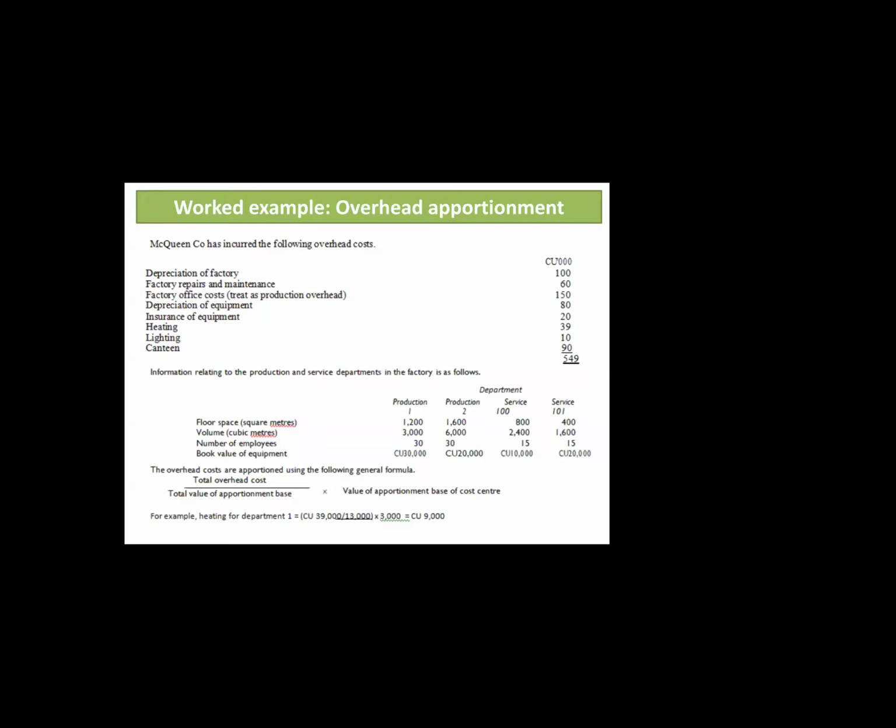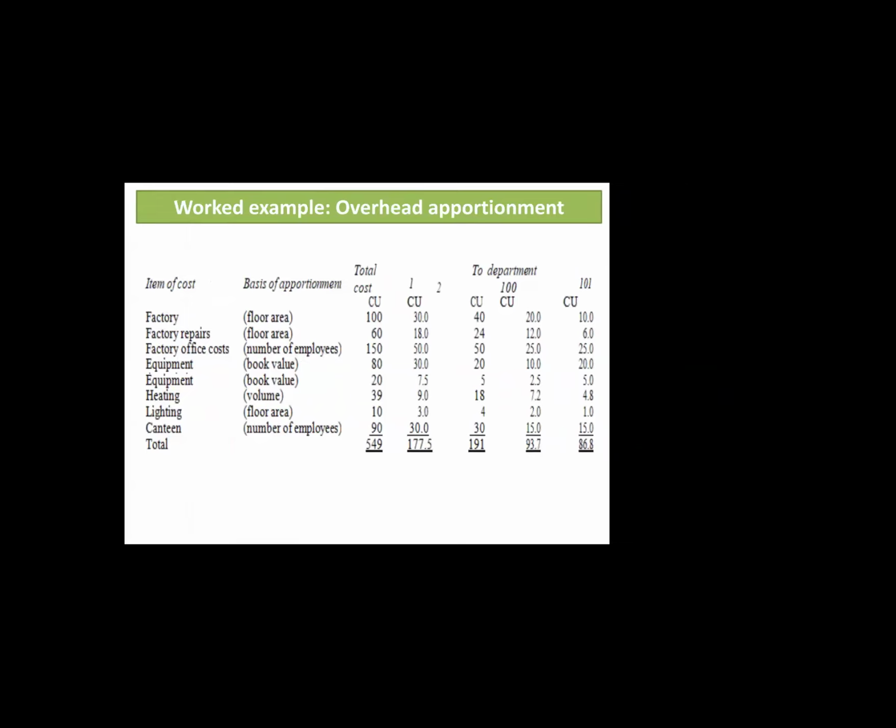Okay. So let's check here. We segregated factory rent on the basis of floor area, factory repairs also floor area, factory office cost by number of employees, depreciation of equipment by book value of equipment, insurance of equipment by book value of equipment, heating cost by volume in cubic meters, lighting by floor area, and canteen by number of employees.